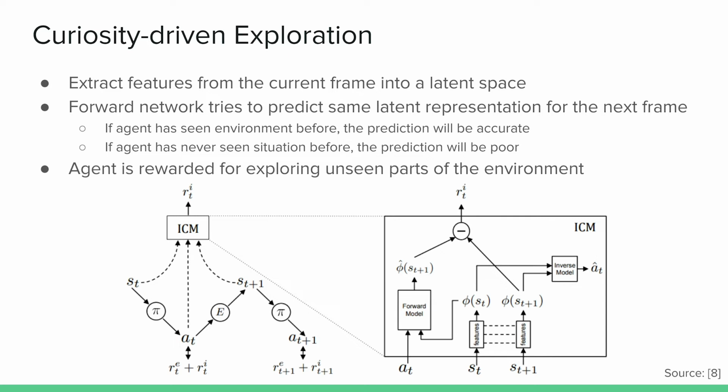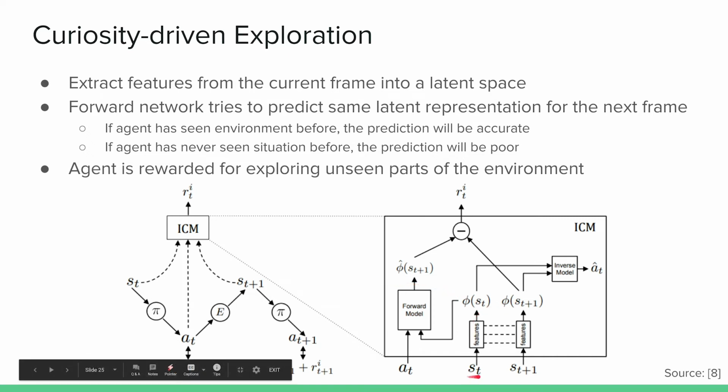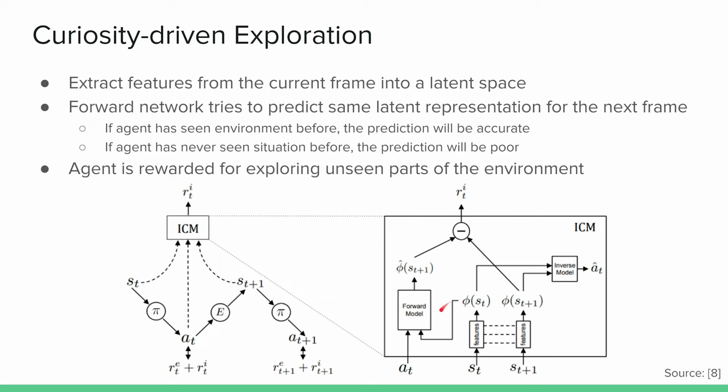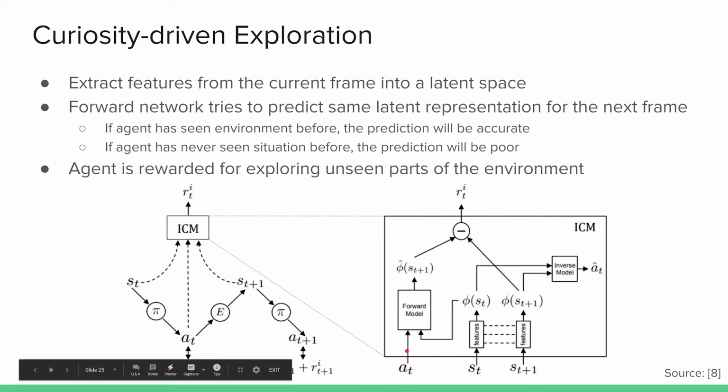So let's take a look at the figure. So that is our agent here. We have policy, which takes an action, and we move into the next state. And this is the interesting part here. So we have the state S at the time step T. We can extract some features. And we have a forward model, which tries to predict, given the representation from the last state and the action that we're taking, the same representation of the next time step.